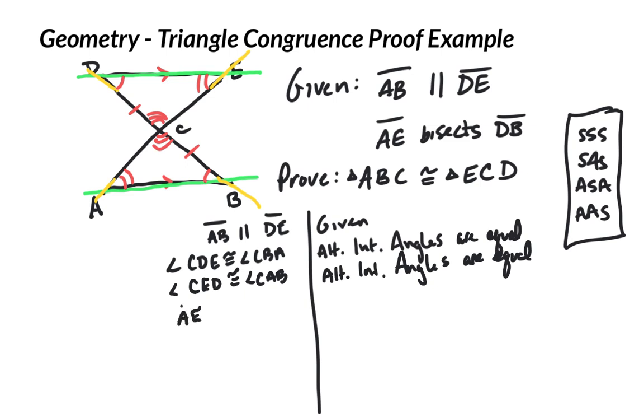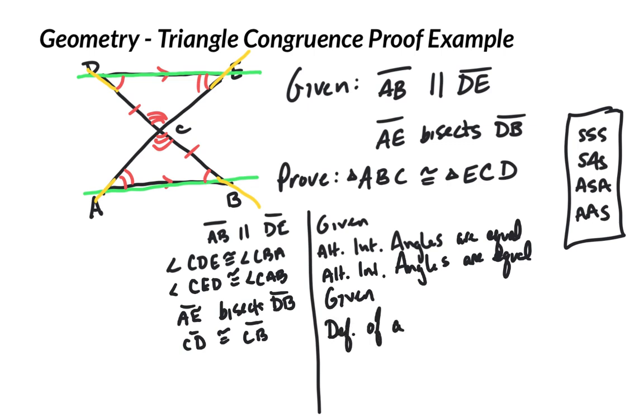AE, let's go back to our other given, bisects DB. This was given. Now, what did that give us? Well, it gave us the fact that CD was congruent to CB. And that is the definition of a bisector. Cut it in half.